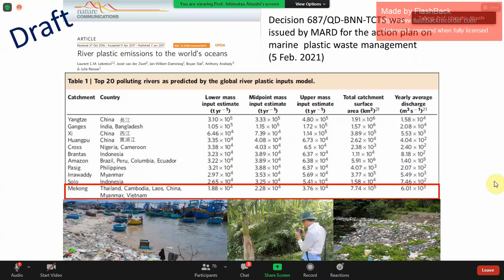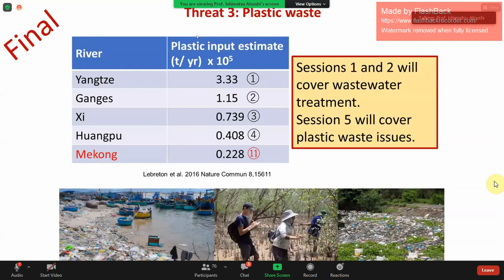The same thing. This is about plastic trash. So again, I copied this table from this paper, okay? But finally, I changed to this one, okay? I only selected 5 rivers and only 1 data column, and made it larger.